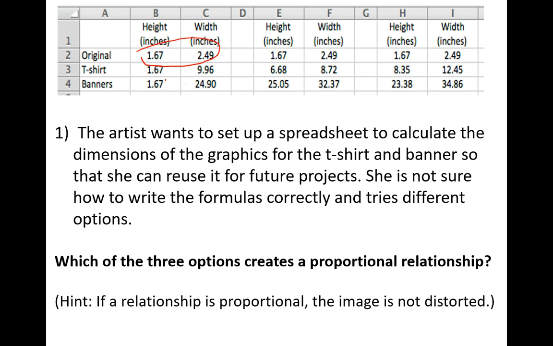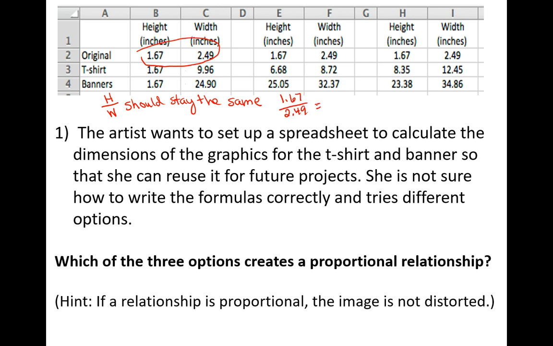To be proportional, that ratio of width or height to width, width to length, however you want to do it, we'll do height to width, should stay the same. That way we don't get a distorted shape. So you can see that with the original, that ratio is 1.67 to 2.49.